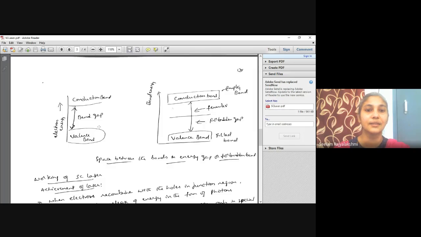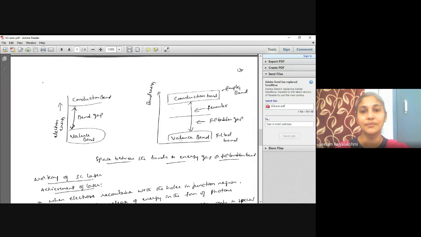Let us see the space between the bands, the energy gap or forbidden gap. This is the conduction band, this is the valence band, and in between is the band gap, and in the upward direction we can see the electron energy.